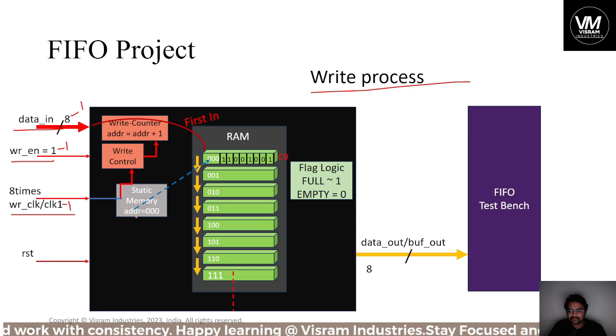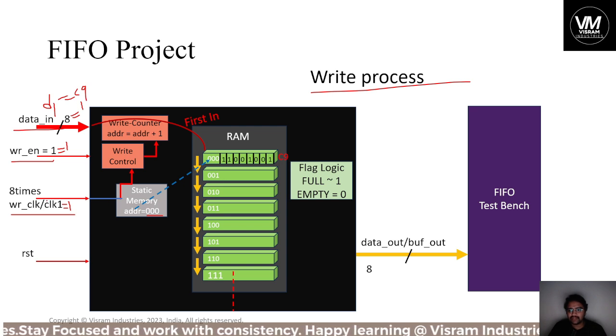Static memory initially is at address 000, and at this location the data in, let us say D1, goes, and that D1 will be C9 here.